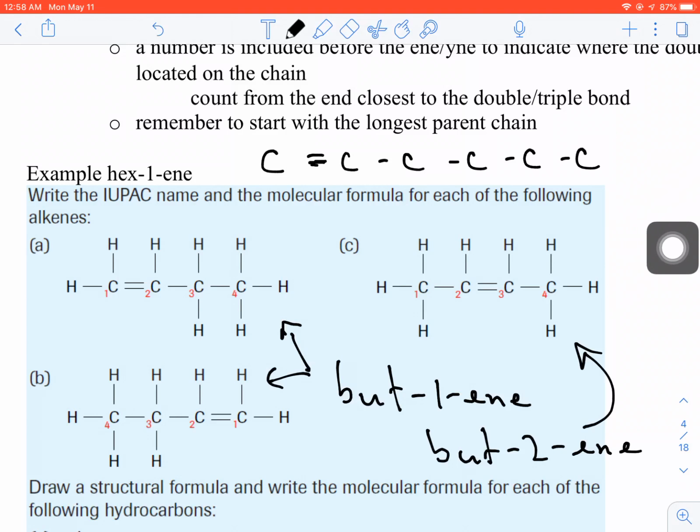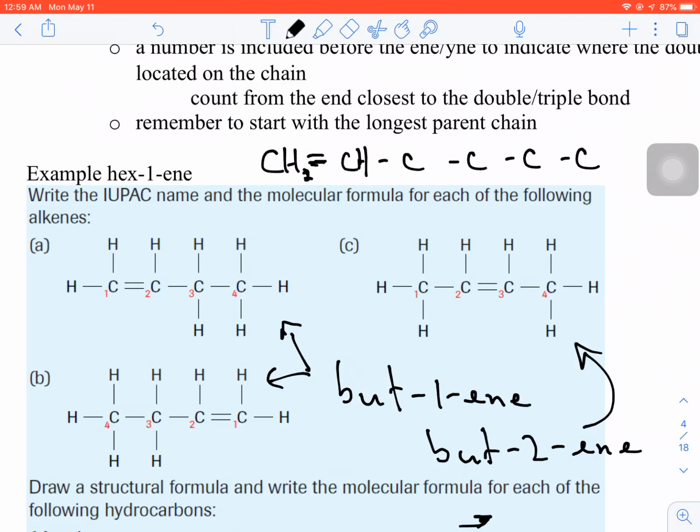So this carbon up here has 2 bonds going to carbon, so how many hydrogens should it have? It needs 2 hydrogens, right? Because the carbon needs to have 4 bonds: 2 of them to the next carbon and 2 to hydrogens. This next carbon only has 1 hydrogen, right?